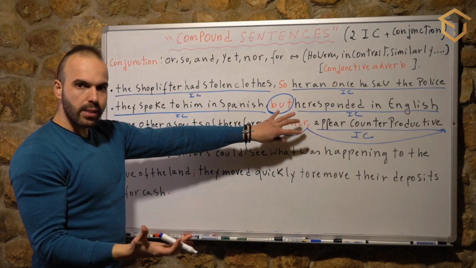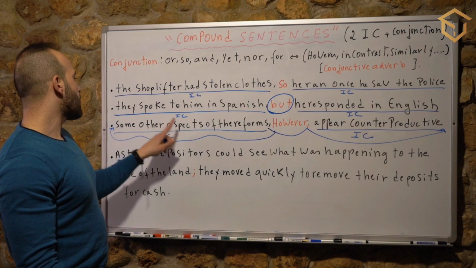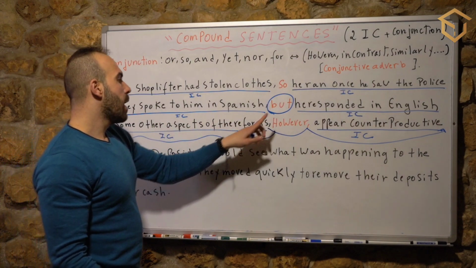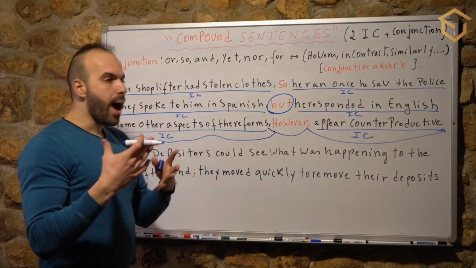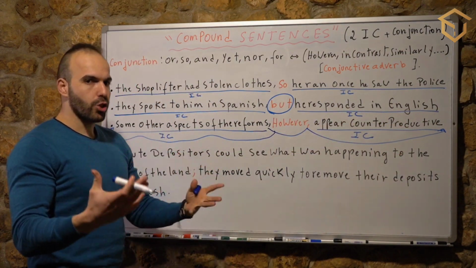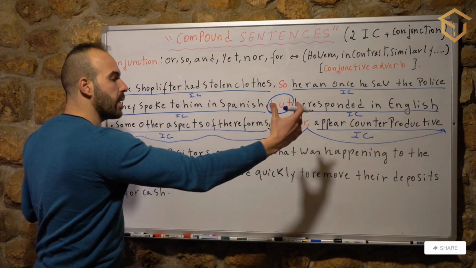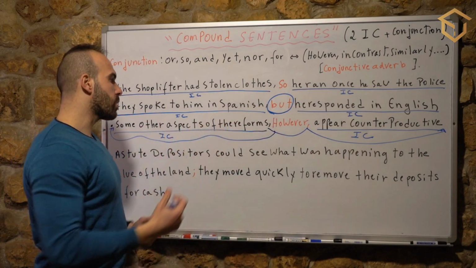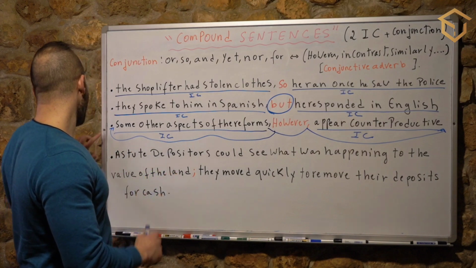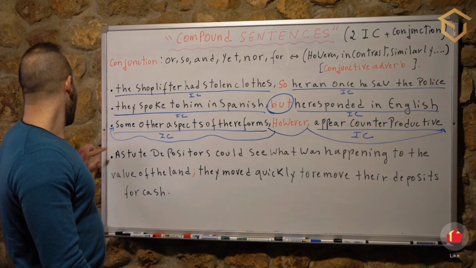It still makes sense. Or some other aspects of the reforms appear counterproductive, however. So how beautiful and amazing to use conjunctive adverbs in many places in the sentence that would give more sense to the actual sentence. Moving now to the last sentence.